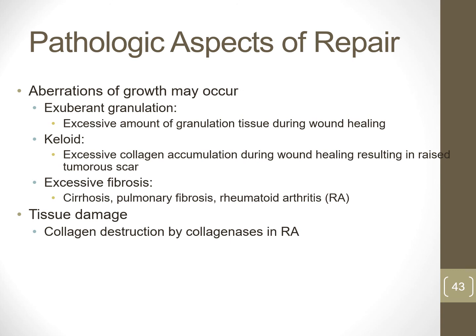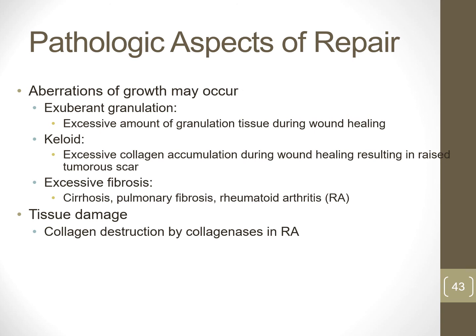We have keloid. Keloid means excessive collagen accumulation during wound healing resulting in a raised tumorous scar. There will be very excessive collagen deposition, so there will be a large scar that is different from the nearby areas. It will be tumorous, like there is a tumor or a mass at the site of the wound.